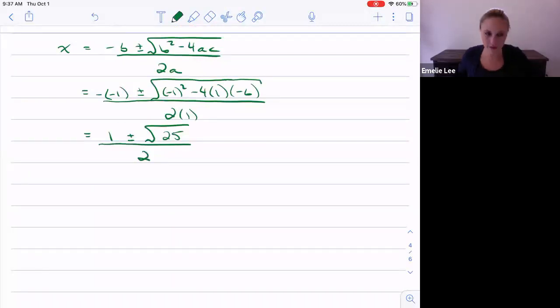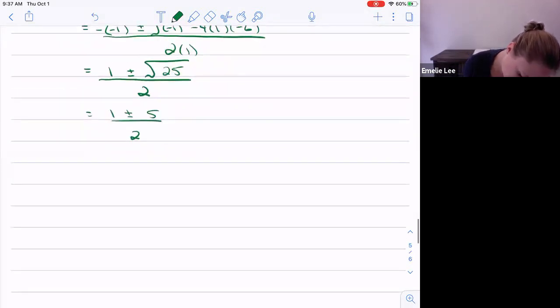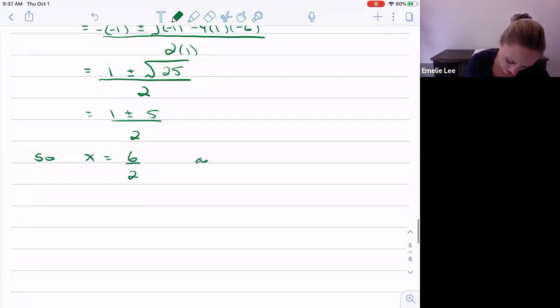Over 2. Okay. The square root of 25 is 5, so I get 1 plus or minus 5, divided by 2. So x is going to be 1 plus 5, which is 6 divided by 2, and x is going to be 1 minus 5, which is negative 4 divided by 2.